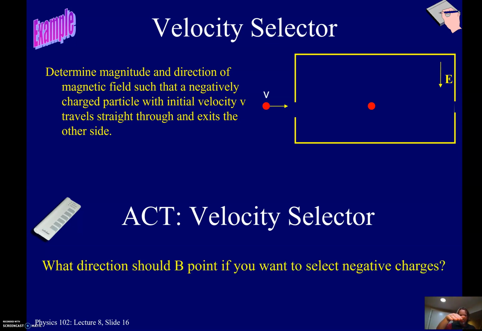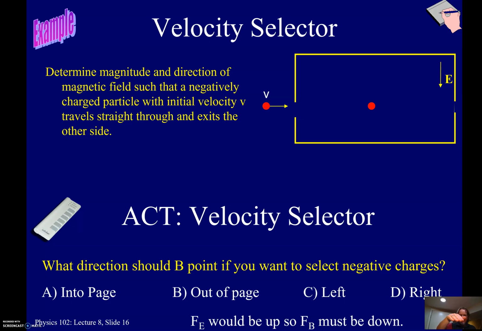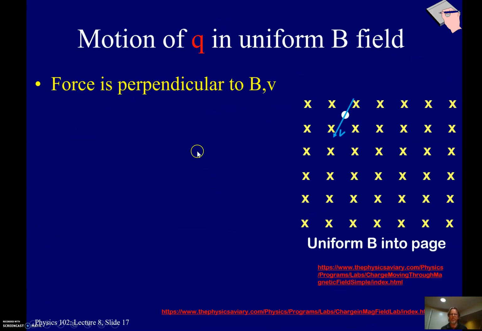That's the next question: what direction should this point to select out negative charges? To get a downward force, it's going to have to be into the page. Remember, I'm using a negatively charged particle, so into the page for a negatively charged particle, because it goes the opposite direction, being an opposite charge. All right, muy bien.